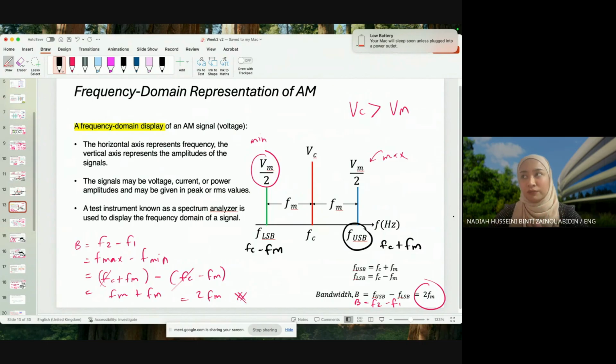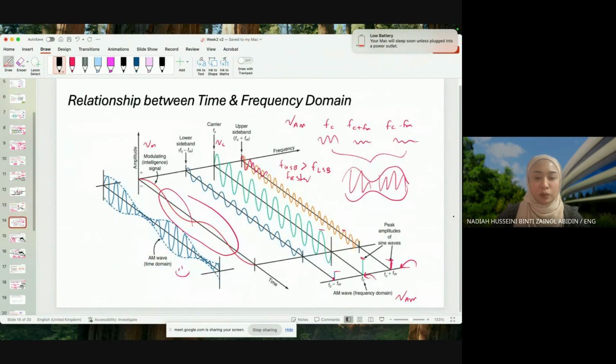We have 3 frequencies for the AM signal: FC, FUSB, FLSB, the upper sideband, lower sideband, and carrier frequency. We also related the time domain with the frequency domain, and the peak of your frequency domain is basically the peak of your sine wave. The value is the same.